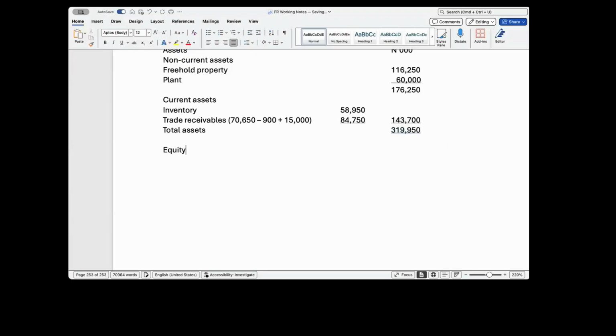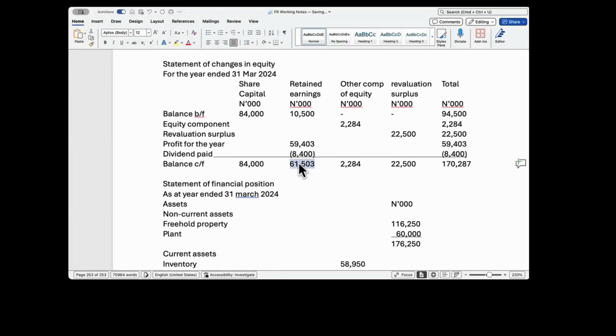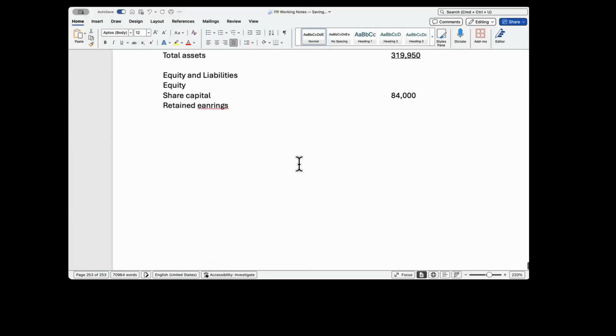Then my equity and liabilities. My equity first. I have my share capital to be 84,000. This one I'll mainly pick from here, 61,503.